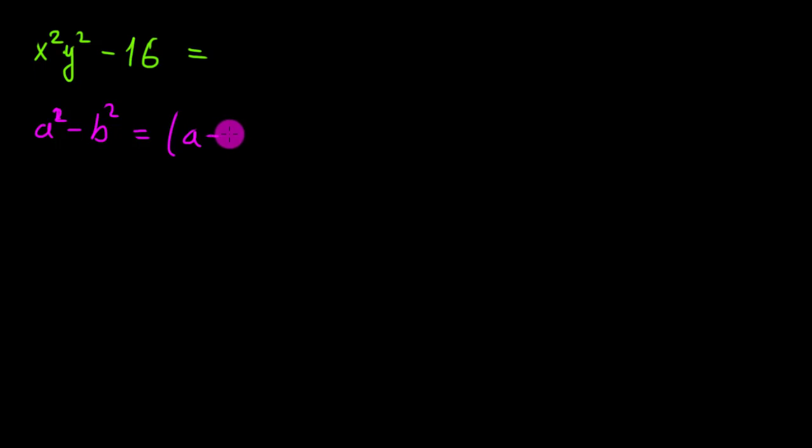Okay, let's look at this question. x to the power of 2 times y to the power of 2 minus 16. How can you factorize this? So here the idea is this one: a minus b, a plus b.